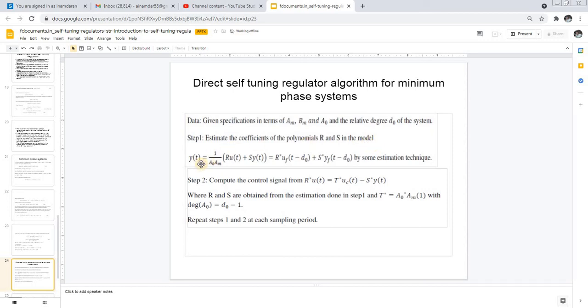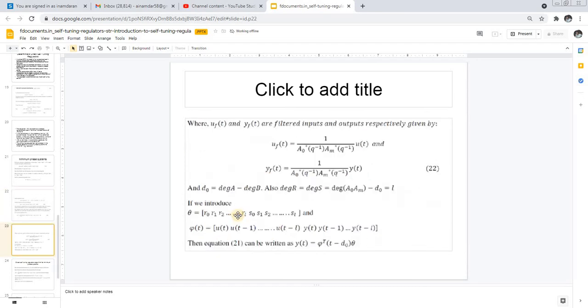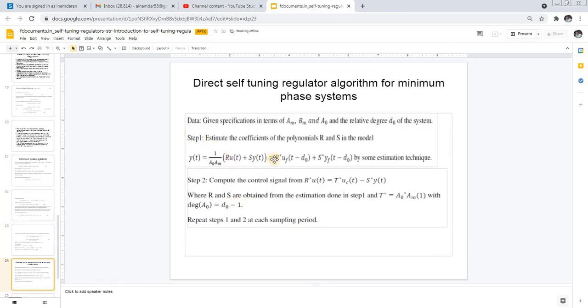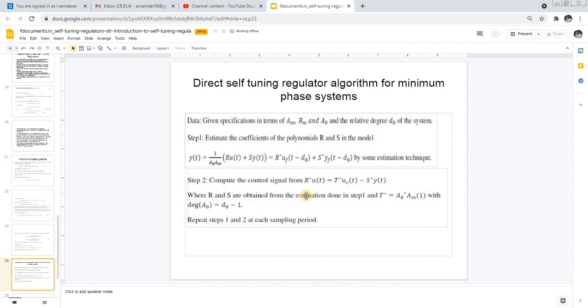We have equation number 21 as it is, and we have to estimate the coefficients by using some estimation technique.